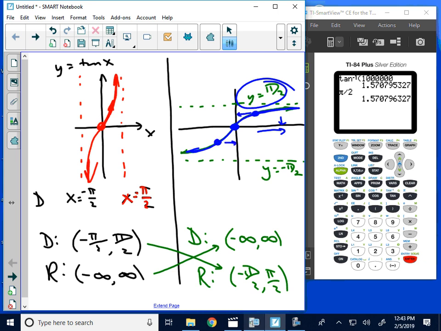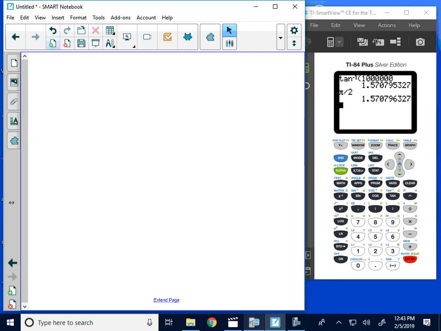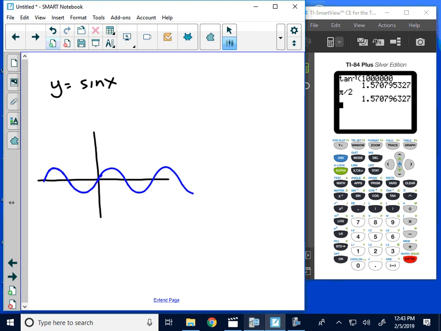Okay? So now the next object is to consider the sine and the cosine. And very similar, the sine x is not invertible the way it stands, right? Because we know that this wave goes on forever, and it would fail a horizontal line test miserably.